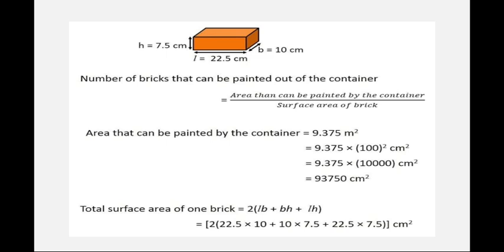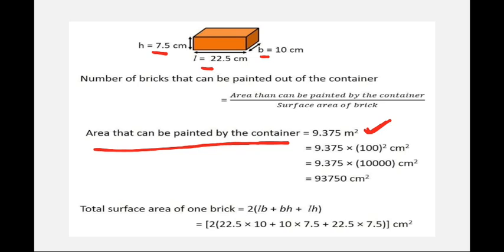Look at here. The area that can be painted by the container is given as 9.375 meter square. And as you can see, the length, breadth and height are all given in centimeter. So I will convert this meter square into centimeter square.